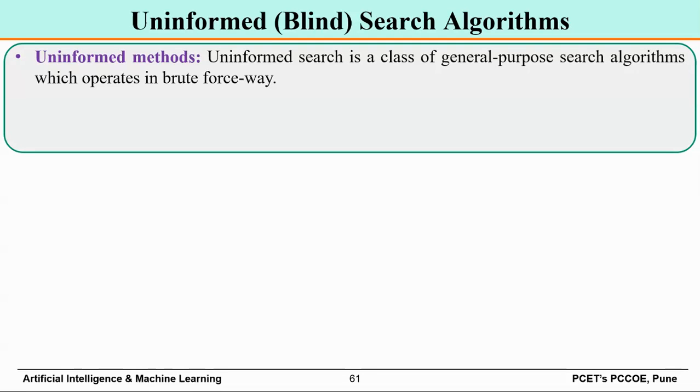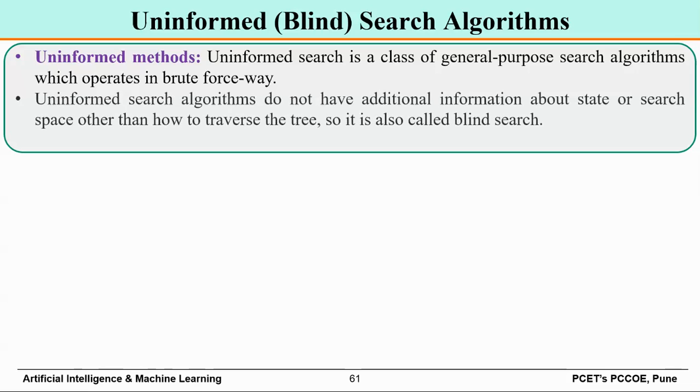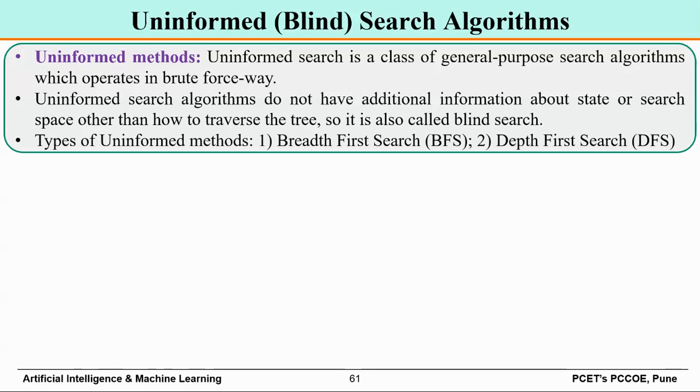So as I mentioned, these are general purpose algorithms, where you will not have prior or initial information. And again, we will be focusing on two methods only, that is breadth first search, BFS as it is also called, and depth first search, DFS.